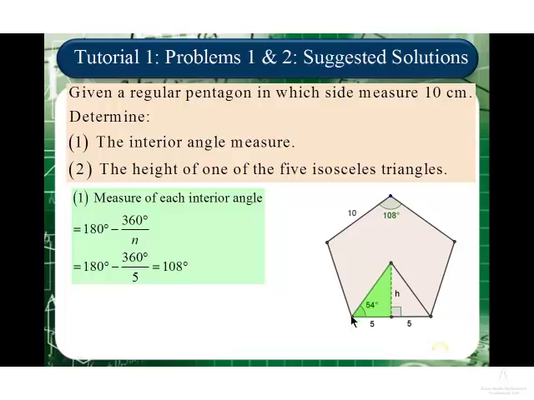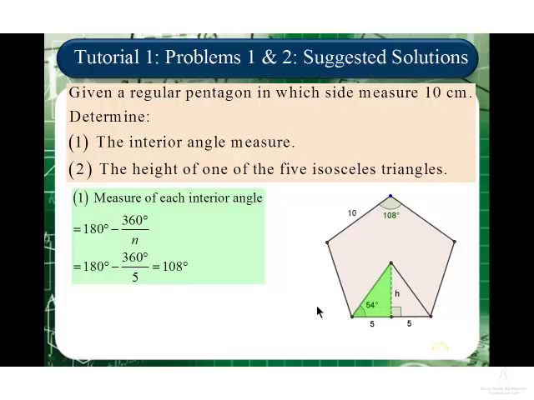Now this particular right triangle is important. The height, the one side length, is h say, and we know that the second side length, linked to the right angle, is 5, that's half the side length 10, and this angle is also half the interior angle for the regular pentagon, which is 54 degrees.